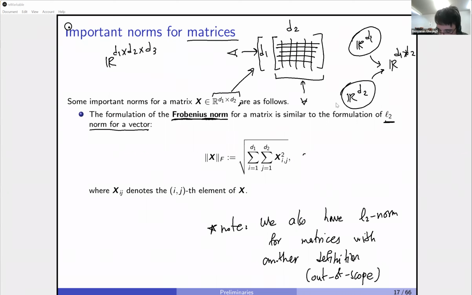Why do I say this? Because this is not the L2 norm of matrix X. This is the Frobenius norm. So don't confuse them. I just wanted to mention this. So far clear? Please, if anything is not clear, let me know.